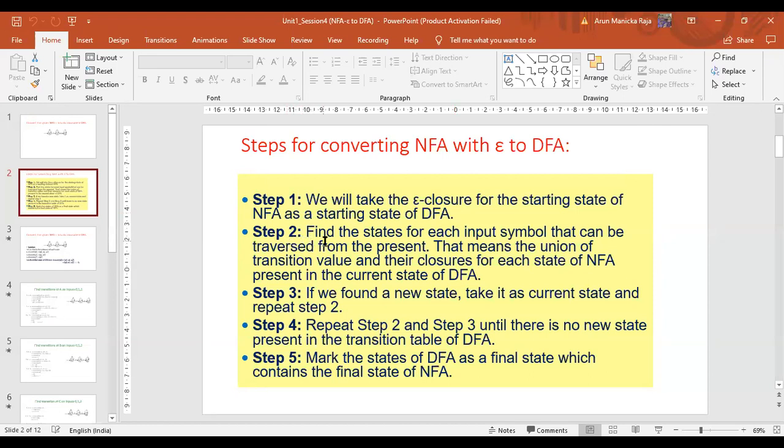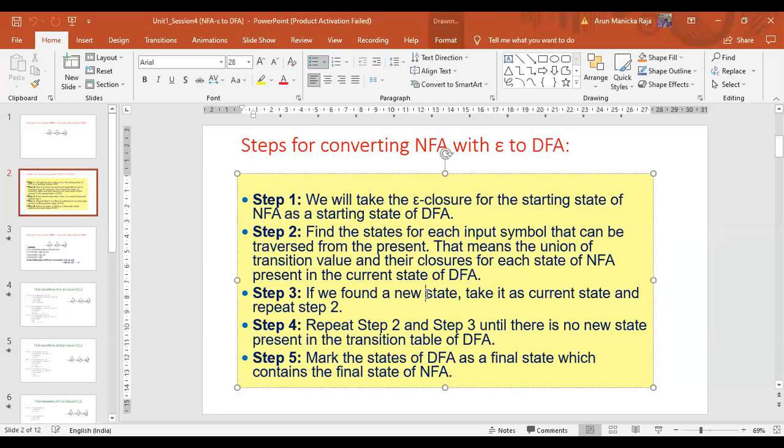Next, find the states for each input symbol that can be traversed from the present state. We calculate the transition with all the input symbols. Respect to that, we calculate the transition function, with the same procedure. If we find a new state, we have to add that new state to the DFA and give it some other name.